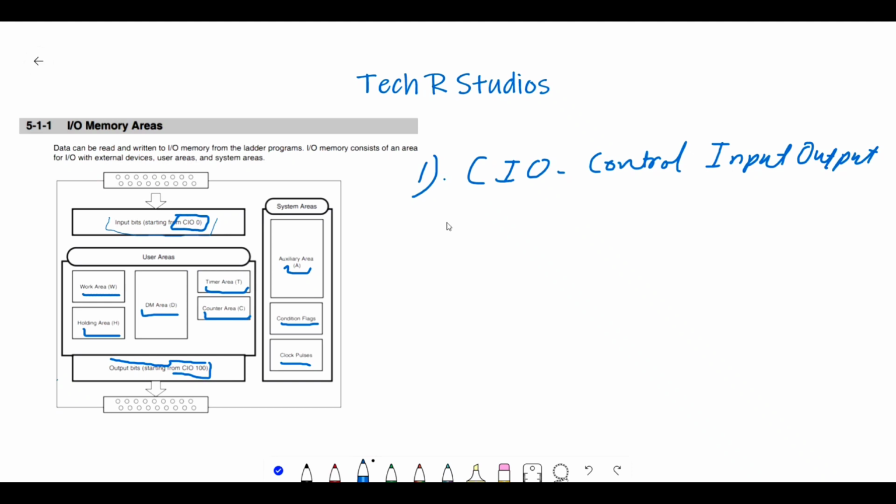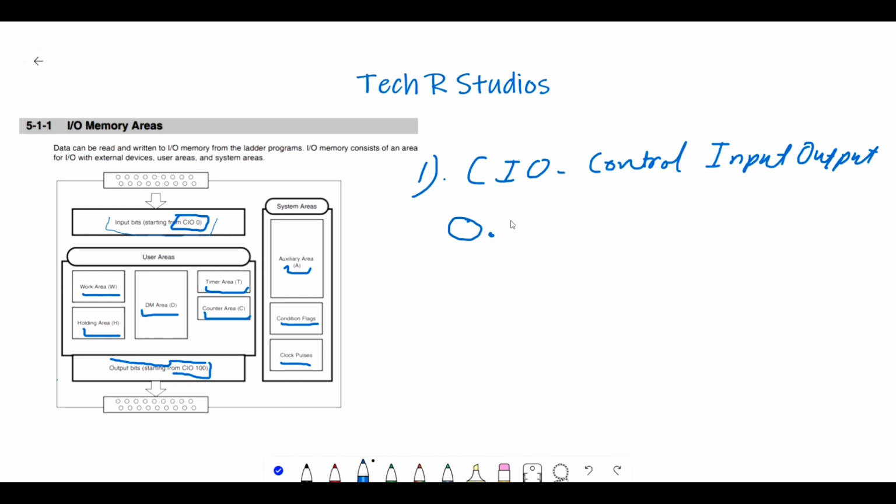For representation of the CIO area, we simply write down the word address. Let's say it's 0. Then to address a particular bit, we put a dot, or we can say a period or a point, and then the bit number.